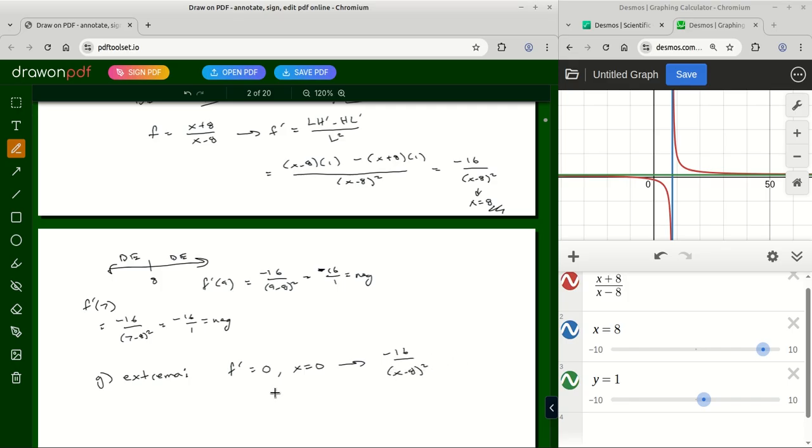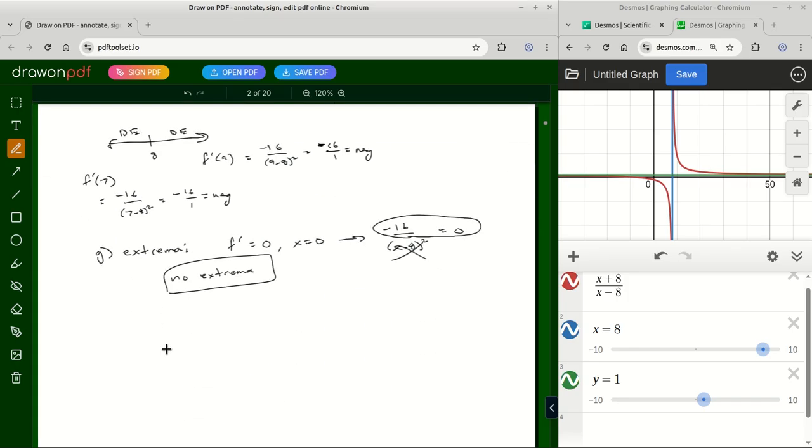Whenever it says something is equal to 0, you're looking at when the top is equal to 0. And that's never going to happen. This part doesn't matter. I don't see how 16 can be 0 ever. So you're going to say there's no extrema. And what that means is there's no critical points, there's no turning points, there's no maxes or mins, that kind of thing.